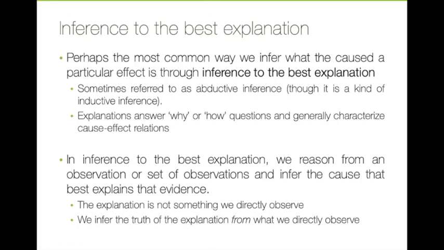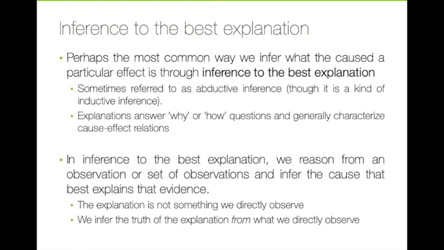This sometimes gets called abductive inference, but it's really a kind of inductive inference. And when we look to infer an explanation, what we want is an answer to why or how questions, and to generally characterize some cause-effect relations. So we want to know why or how some cause led to its effect.